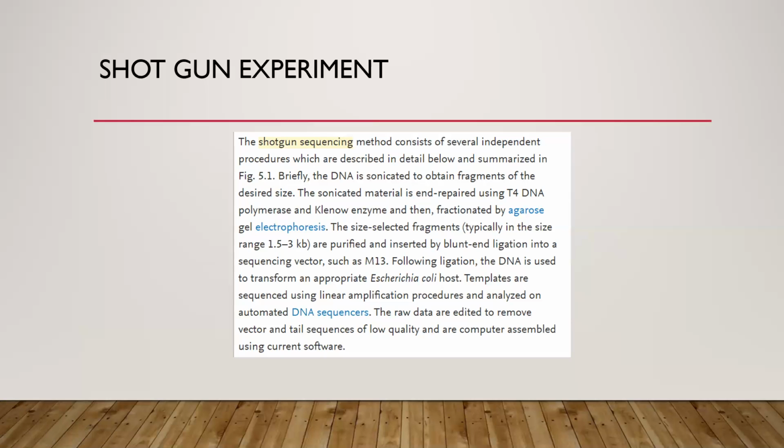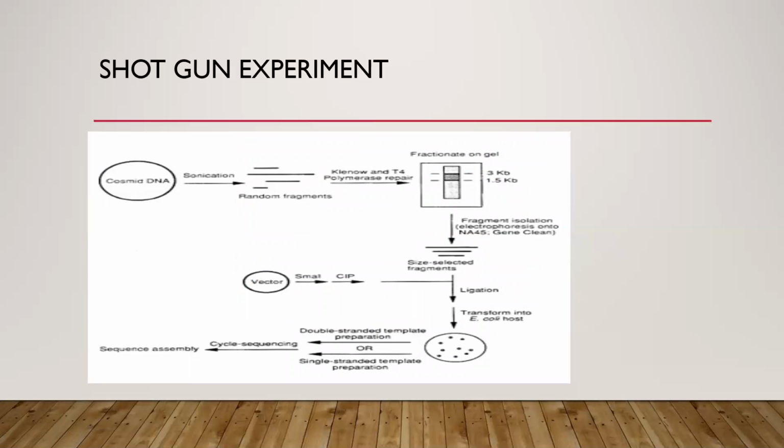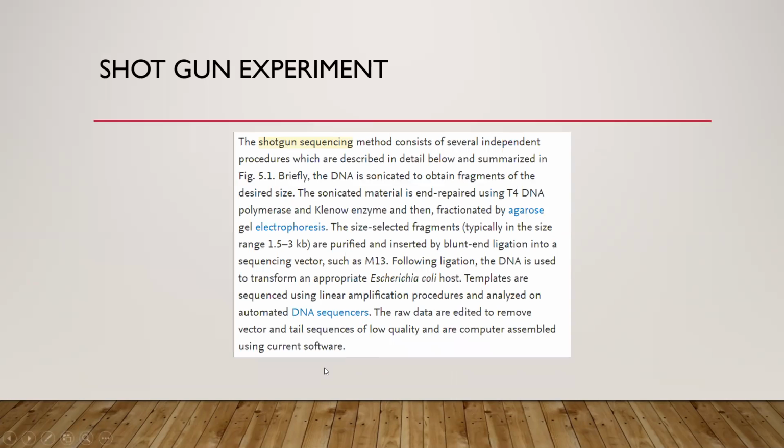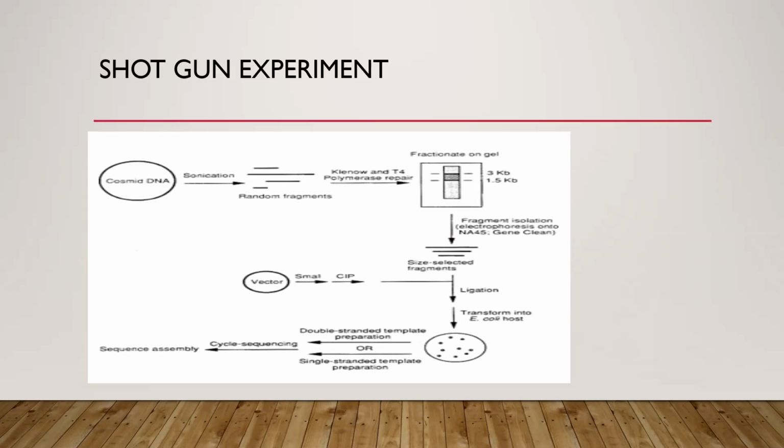Templates are sequenced using linear amplification processes and analyzed on automated DNA sequencers. The raw data are edited to remove vector and tail sequences of low quality and/or computer assembled using current software. Okay, this is the shotgun experiment. Any doubt?